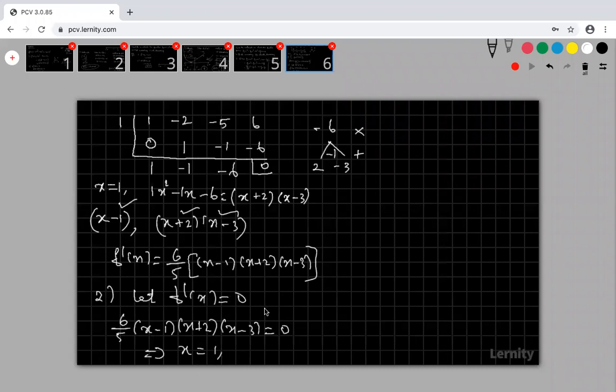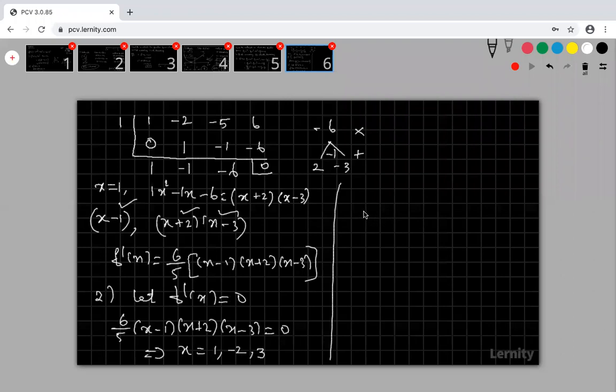If you take x plus 2 equal to 0, I will get x equal to minus 2. If you take x minus 3 equal to 0, I will get x equal to plus 3. So x is equal to 1, minus 2, 3. Any doubt?